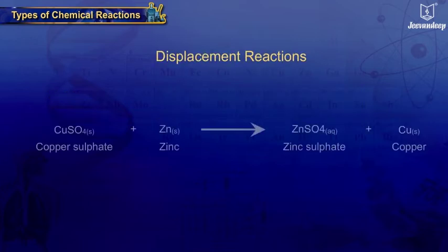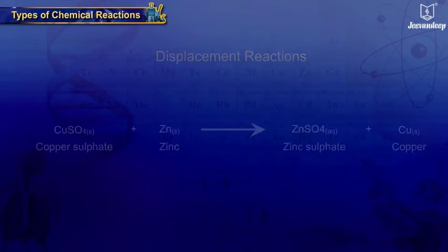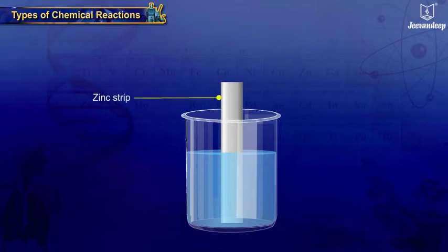Let us understand displacement reaction with the help of an experiment. Dip a zinc strip into a clear blue-colored copper sulfate solution in a beaker. After some time, the zinc strip gets diminished.